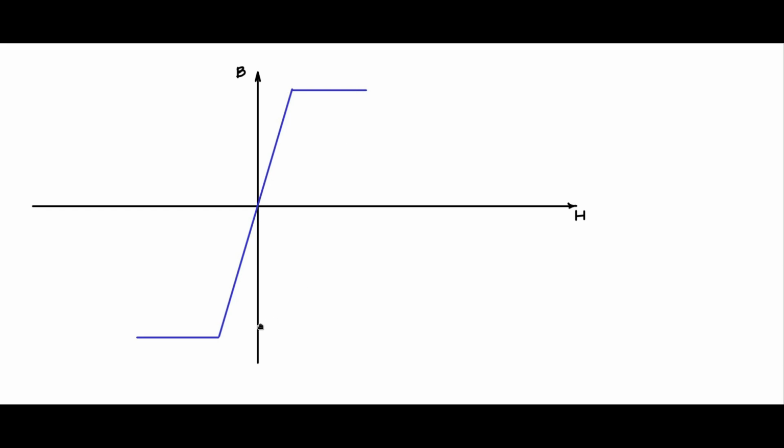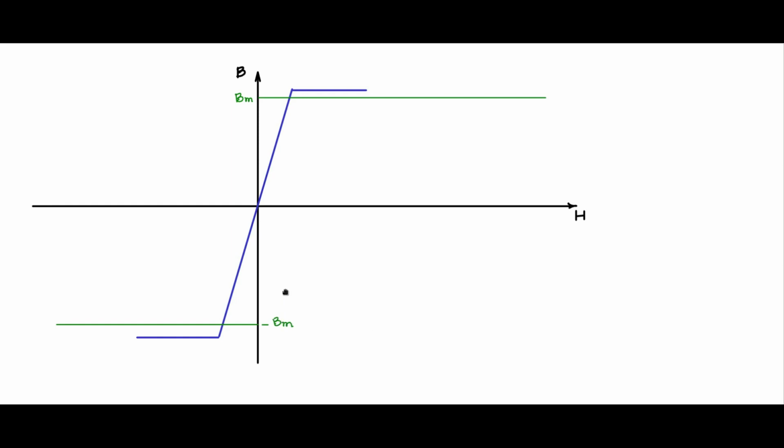This is the saturation, negative saturation, and this has a slope of permeability mu, or mu1 in this case. So let me fix the operating flux density. This is the operating flux density on the positive side. We will call that BM. Likewise, the operating maximum flux density on the negative side, minus BM.